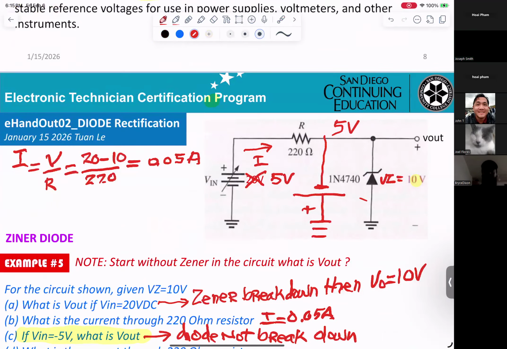Plus, minus, 0.7 volt. Okay? On this side, you get 5 volt. On this side, you get ground. So what happened to the diode?